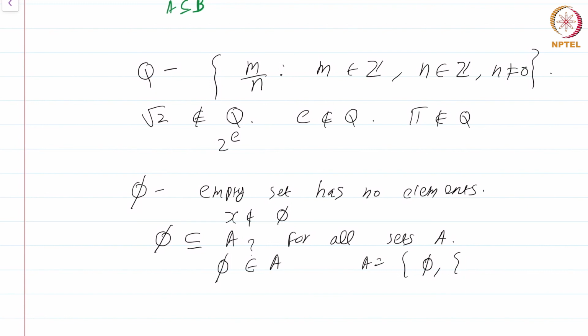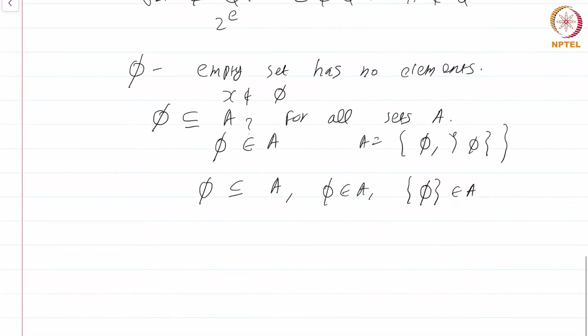Again, I'm making the same mistake. Set with phi. Then phi is a subset of A. Phi is an element of A. Set with phi is an element of A, and set with phi is a subset of A. So this is a very interesting situation that is happening.